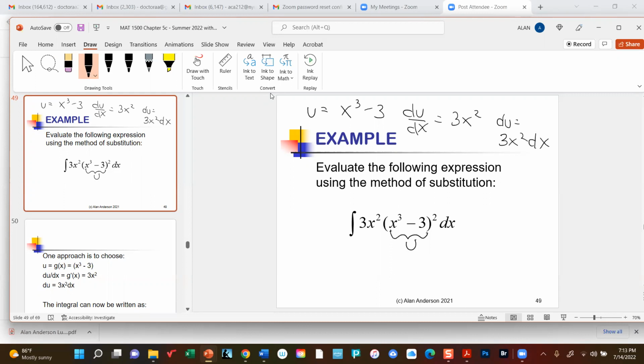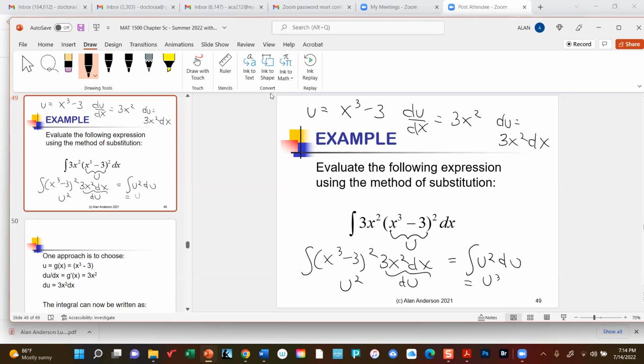So here I do, even though it's slightly out of order. Oh yeah, very good. This is my du, this is u squared. And now all that remains is to make the substitution. And we're done.